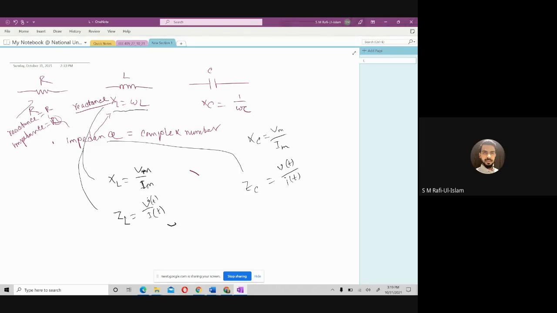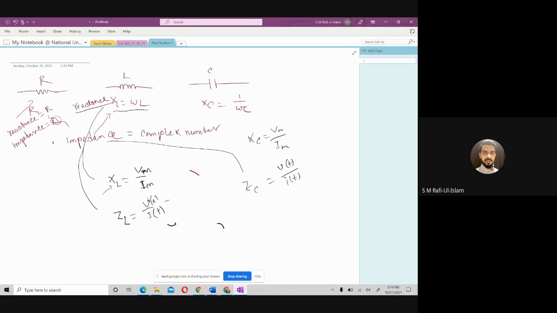Do you understand the difference? Then I will write down the next thing. When I said reactance, this is the ratio between the maximum voltage and the maximum current for the inductor as well as the capacitor. But when we refer to impedance, it is the ratio between the instantaneous value of voltage and the instantaneous value of current.